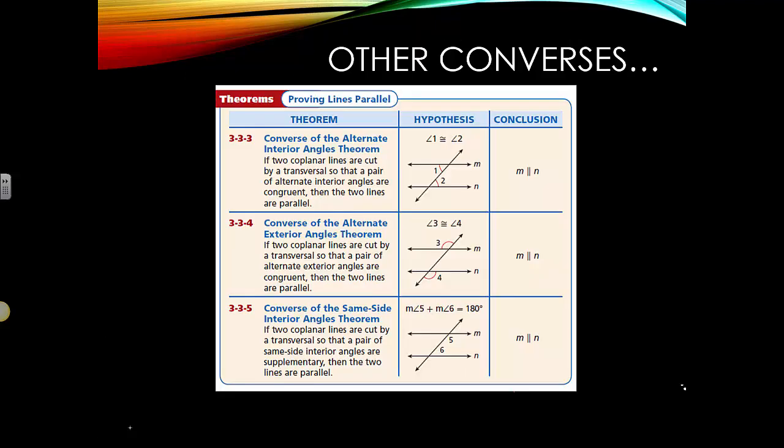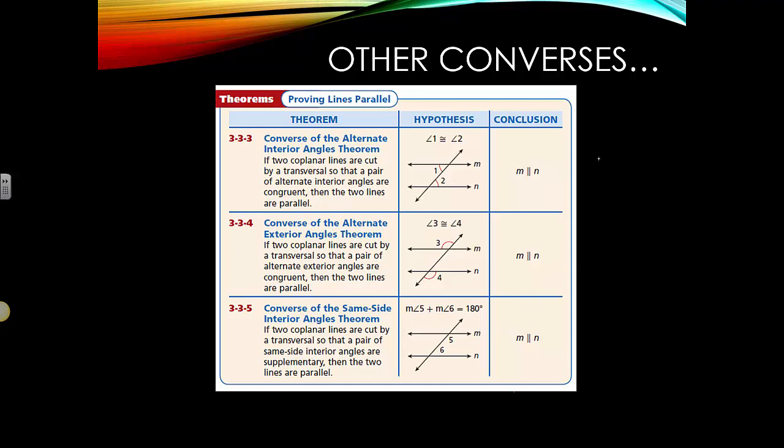So we also have the converse of the alternate interior angles theorem, the alternate exterior angles theorem, and the same side interior angles theorem, which says what you might expect. If the alternate interior angles are congruent, then the lines are parallel. If the alternate exterior angles are congruent, then the lines are parallel. And if the same side interior angles are supplementary, then the lines are parallel.